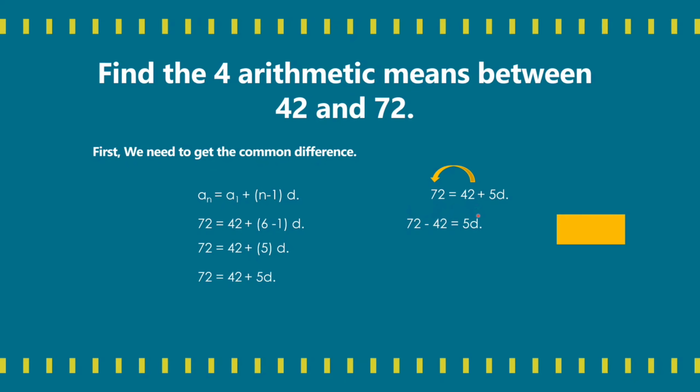So our equation becomes 72 minus 42 is equal to 5d. Subtracting 42 from 72 gives 30. So 30 is equal to 5d. Divide both sides by 5 and it becomes 30 over 5 is equal to 5d over 5. The 5 cancels and d is equal to 6. So our common difference in this problem is 6.